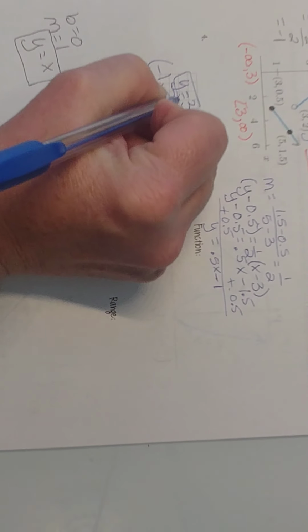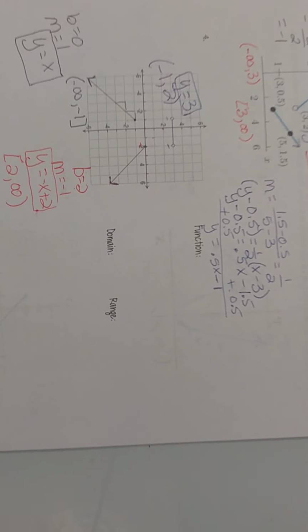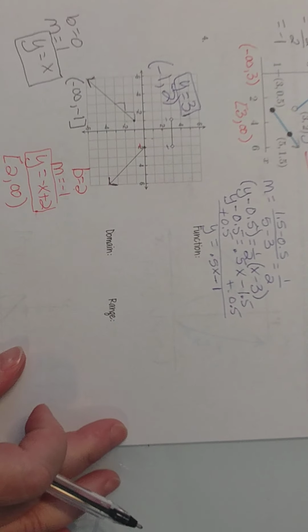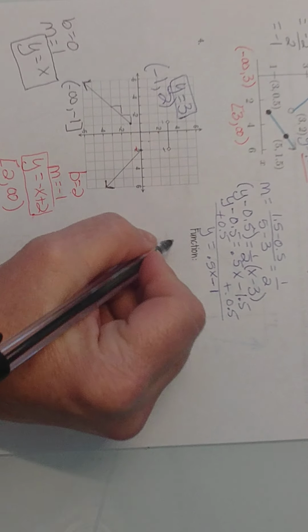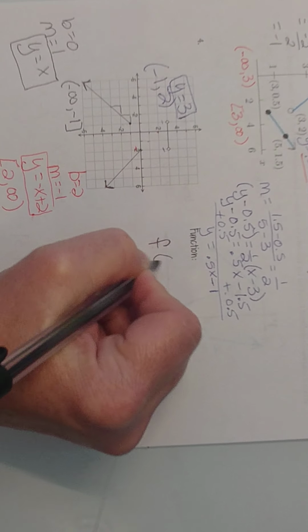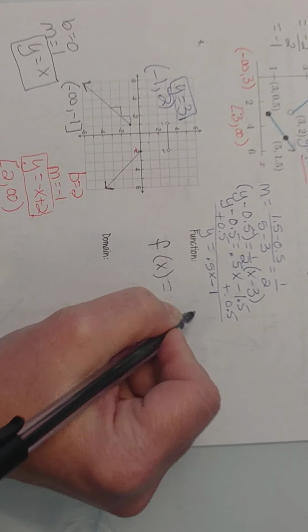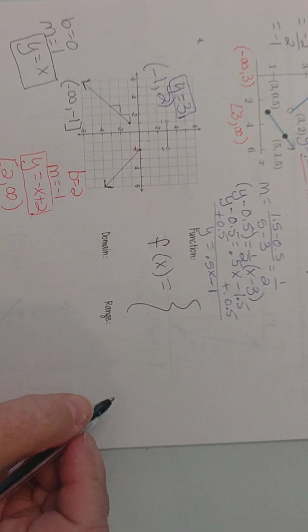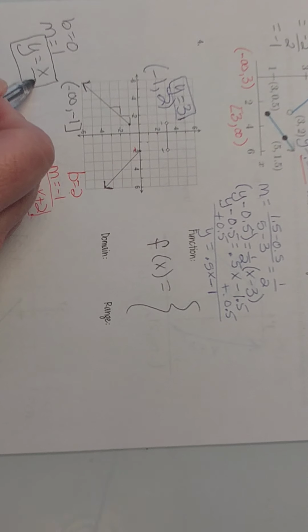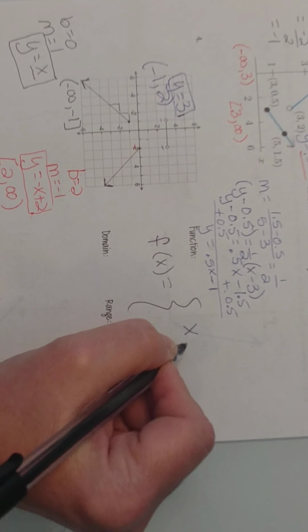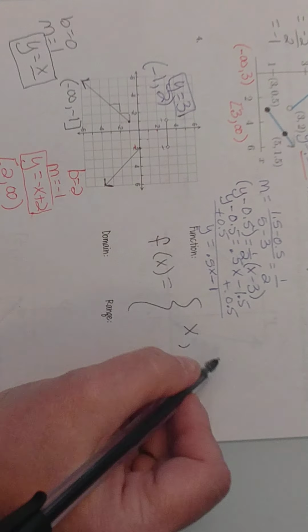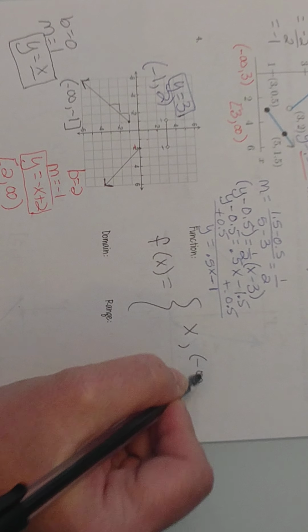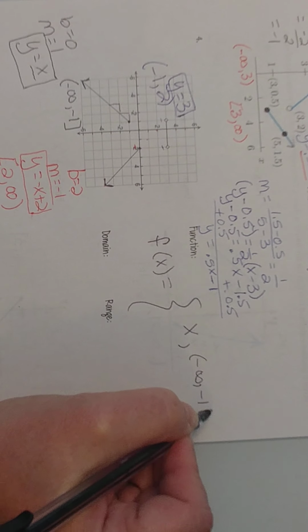So now we have the 3 pieces that are shown on this graph and our 3 pieces of the domain. So I'm going to write f of x equals, and for our first piece, we just need what's after the equal sign. So x, and that one's going to go from negative infinity to -1.